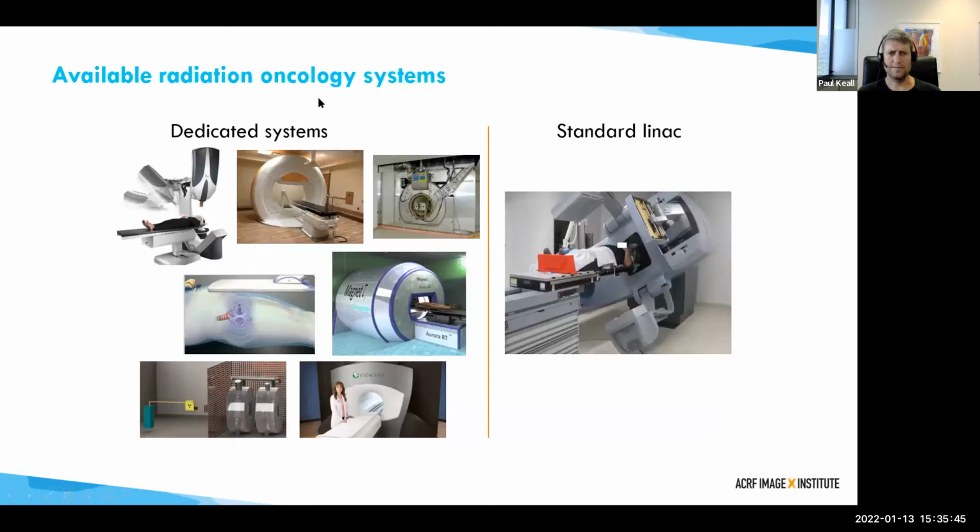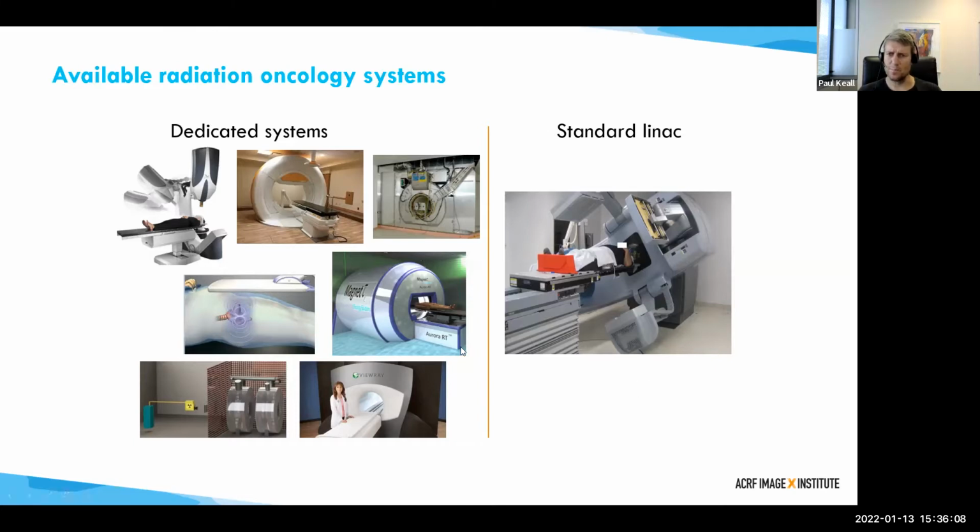There are a lot of radiation oncology systems available that have been developed, and they have different ways of guidance. The main difference is how they detect the tumor position during treatment.